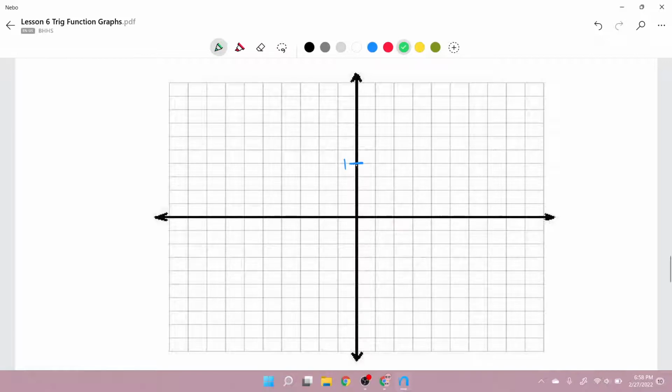Remember the cosine curve started high, and then we followed this up, down pattern: high, middle, low, middle, high. Our period of the cosine curve was 2 pi. So this will be pi, pi halves, 3 pi halves, and let's plot it the other way as well, going backwards.